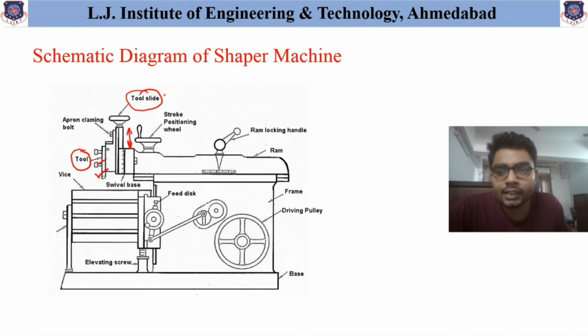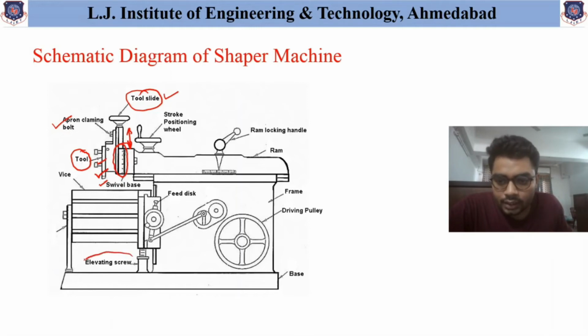This movement can be obtained with the help of this tool slide. Another part is the apron clamping bolt, which is used for clamping purposes. Similarly, as you can see over here, the swivel base is indicated. That means to obtain any angular cut during the machining operation, this swivel base is used. So again I am repeating, the swivel base is used to obtain any angular surface finishing or cutting operation.